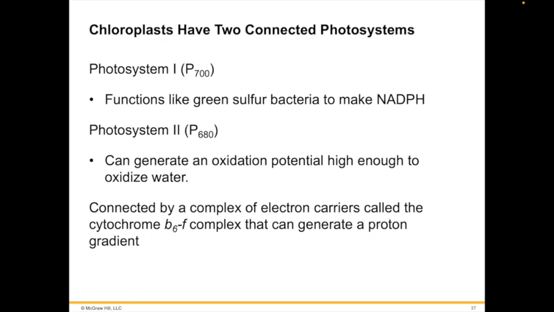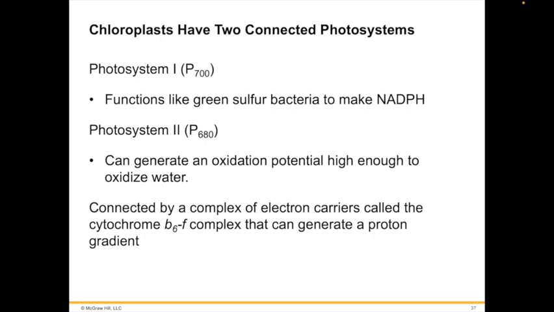The non-cyclic transfer of electrons also produces NADPH, which is used in the biosynthesis of carbohydrates. One photosystem, called photosystem 1, has an absorption peak of 700 nanometers, so its reaction center pigment is called P700. This photosystem can pass electrons to NADPH, similarly to the photosystem found in sulfur bacteria discussed moments ago.